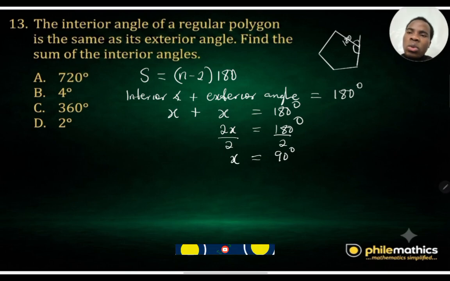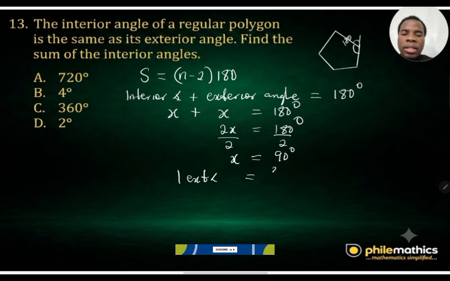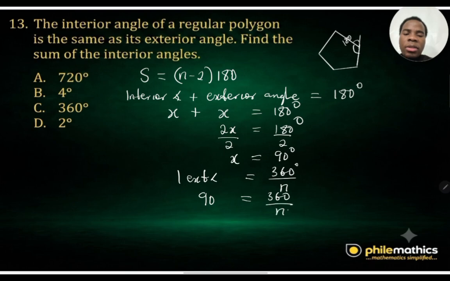The next thing we want to do is to find the number of sides. We also know that one exterior angle is given by the formula 360 degrees over the number of sides. So if we are looking for n, we know that one exterior angle is 90 degrees. So 90 equals 360 over n.